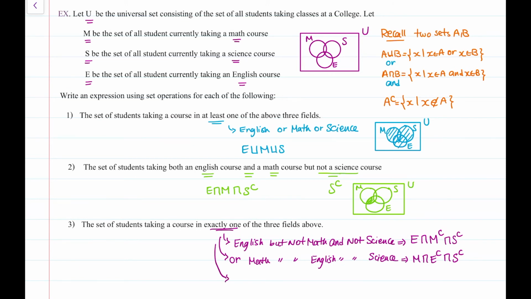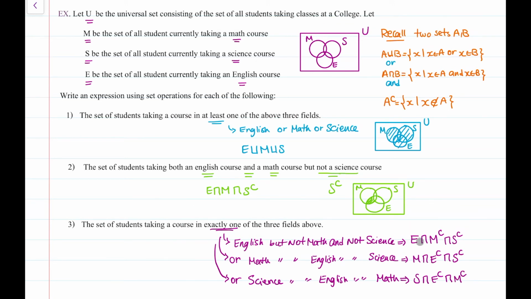Or there might be cases where they take science but they don't take English and they don't take math. So they're taking science, and means intersection. They don't take English and they don't take math. Sorry, the last one would be math. There's too many courses.